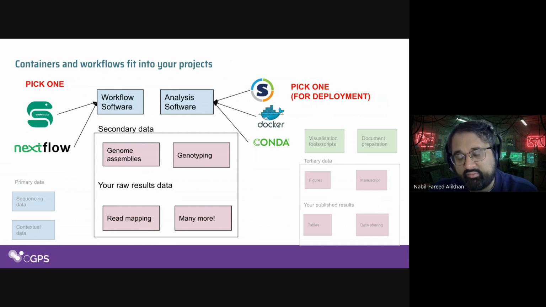Obviously, there's system level or OS specific package managers like apt or yum or brew for Mac OS X, or I don't know what you do for Windows. Who knows? The Microsoft App Store, I don't know. But we're going to be talking about Docker and Singularity because they pertain to containerization. Usually you pick one.